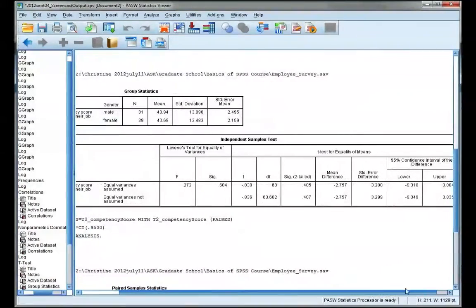If we look over here, we are given a mean difference. This is obtained by taking the first mean, which is for the males, and subtracting the second mean, which is for the females. So 40.94 minus 43.69 gives us minus 2.757.